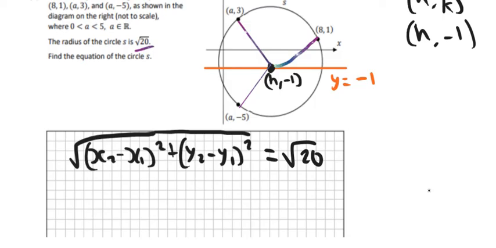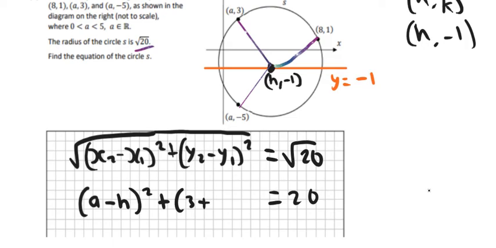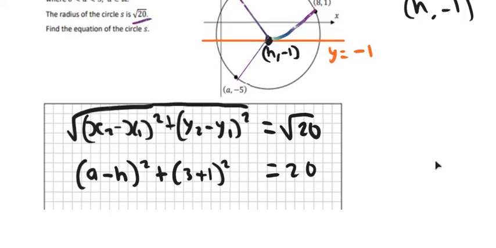So first one, I could discard the root anyway, because I know it's going to be √20, and just square both sides and just let it equal to 20 instead. So the first one, it'll be a minus h squared plus 3 minus -1, so plus 1 squared is equal to 20.